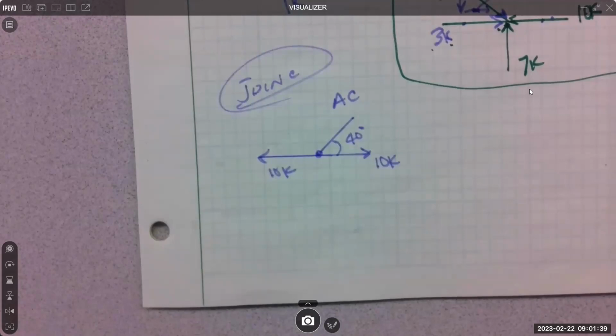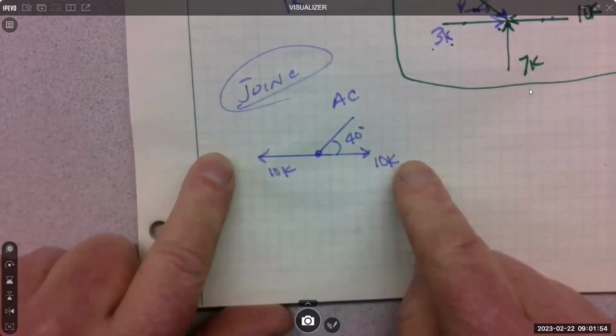Through the free body diagram, that's what I got. And I don't know which way AC goes, right? But I know I have 10K coming in. I knew I had 10K here from previous work at the connections next to me on the right and the connection next to me on the left.